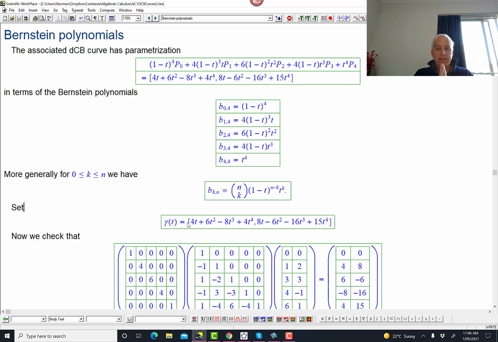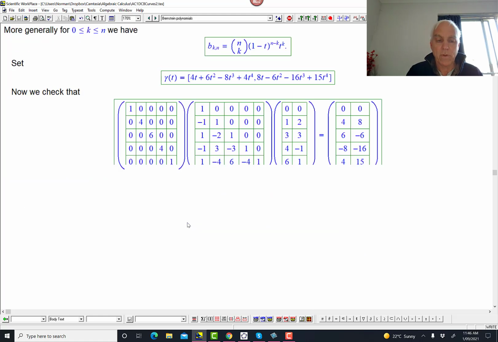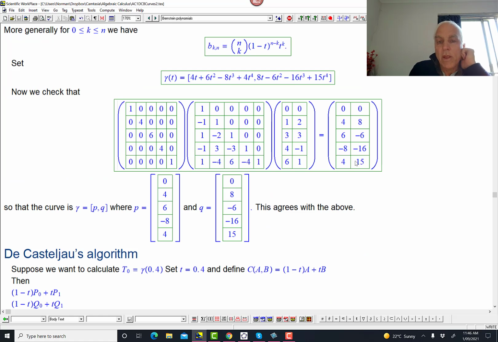Now, as we stressed last time, there are really two kinds of data objects here, and it's the relationship between these two things which is really important. Here are the 5 control points in order: P0, P1, P2, P3, P4. That's a matrix that we formed, which has 2 columns and 5 entries because there are 5 control points. This is the matrix of control points.